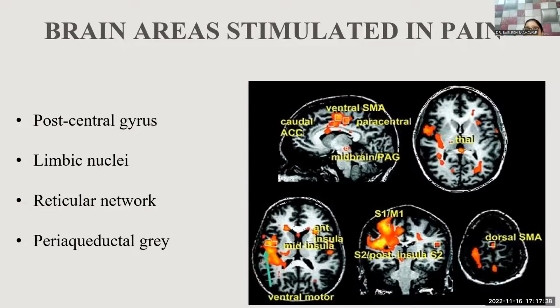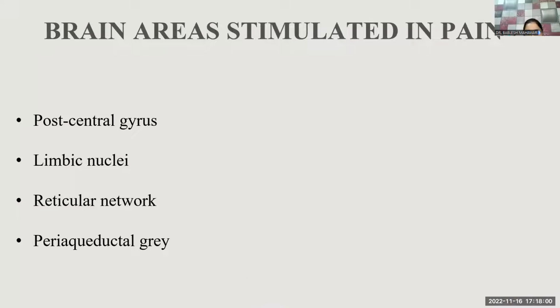That is why a patient who is in pain usually complains of problems in sleeping, inadequate sleep, because pain never lets you sleep. That is because of these areas in the brain which are involved, the limbic nuclei and the reticular network.